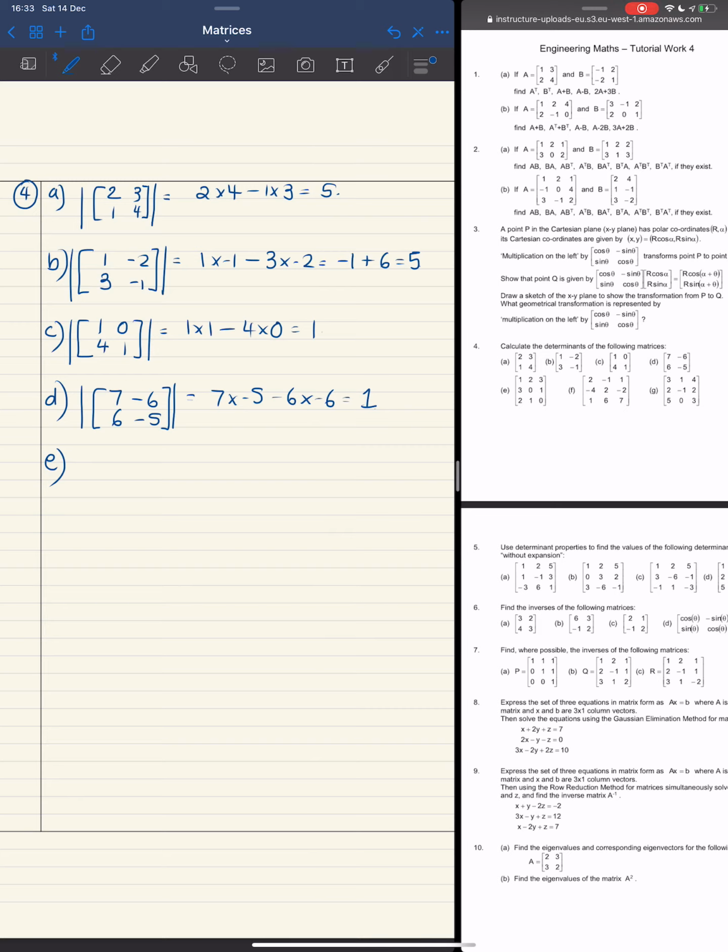Right, a 3 by 3 E. Determinant of 1, 3, 2, 2, 0, 1, 3, 1, 0 equals, so it's 1 times 0, 1, 1, 0. Okay, so imagine it's that number and you imagine crossing out that column and that row, so it's just that little bit there.